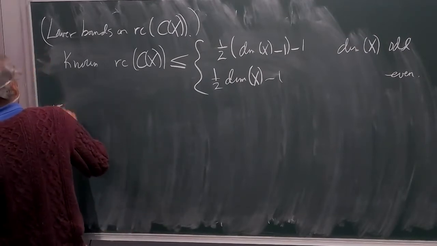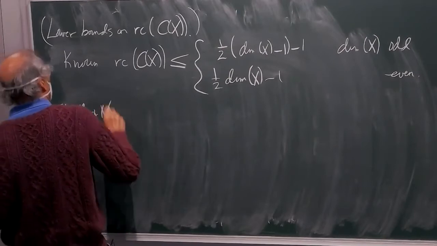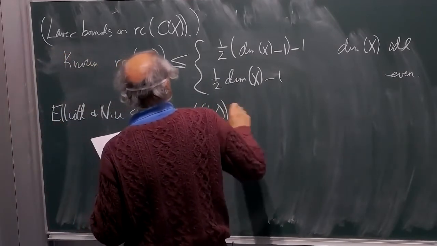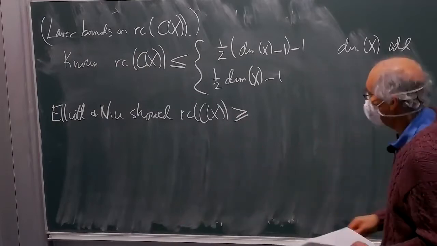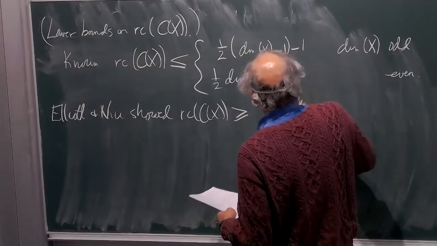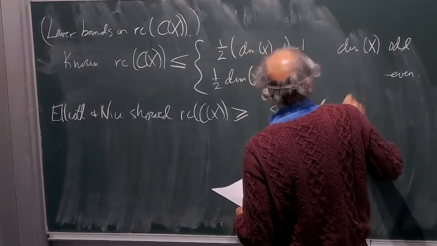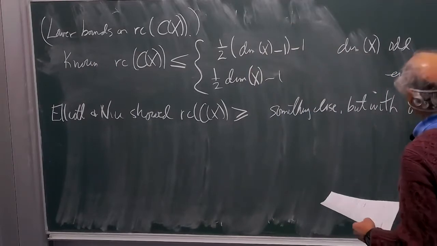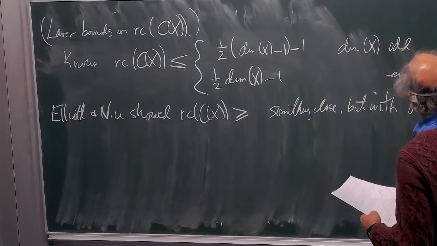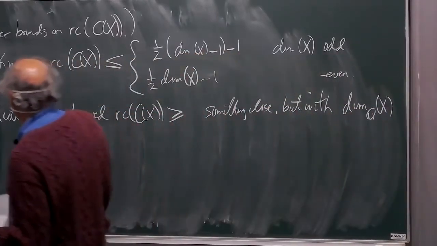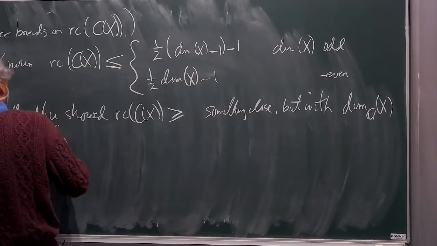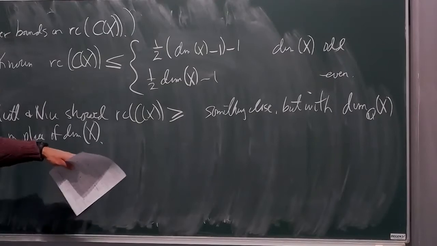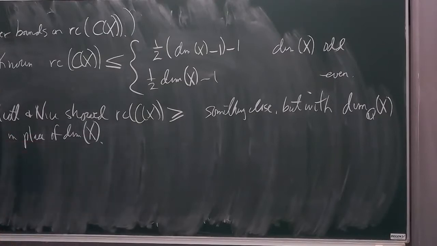So Elliott and Niu showed RC of C of X is bigger than or equal to something close to these, but with, and I'll say more about this in a little bit, rational cohomological dimension in place of dimension of X. And they agree if X is, say, a finite complex, but not in general.